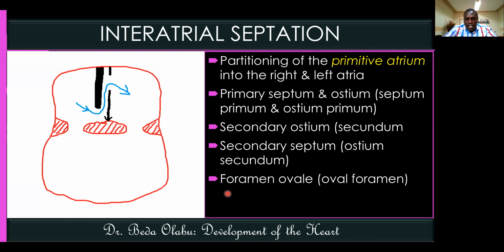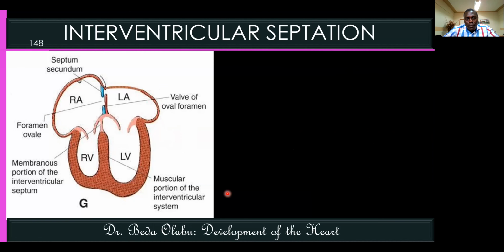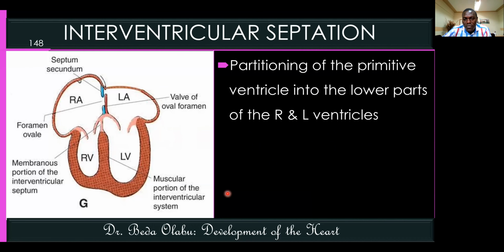Okay, let's proceed to the third type of septation. The third type of septation is what we're calling interventricular septation, which is the separation of the primitive ventricle into the lower parts of the right and the left ventricle. For you to separate the primitive ventricle, you'll just form a septum.